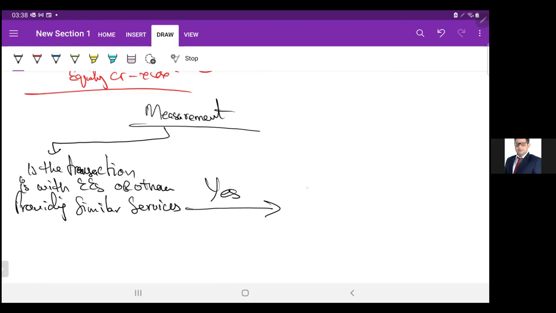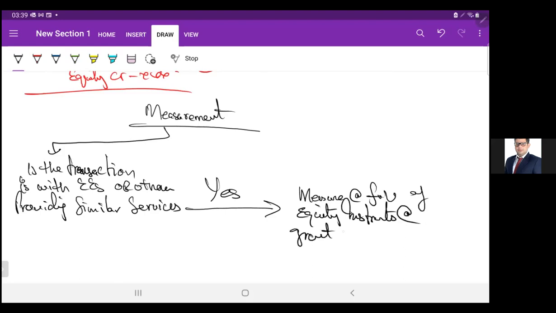what you need to do is measure at the fair value of equity instruments at grant date.